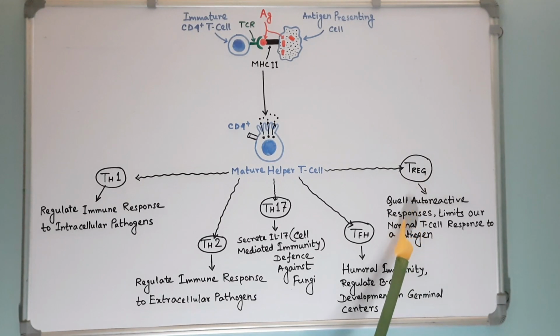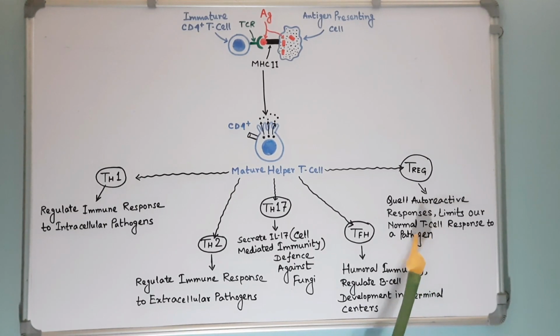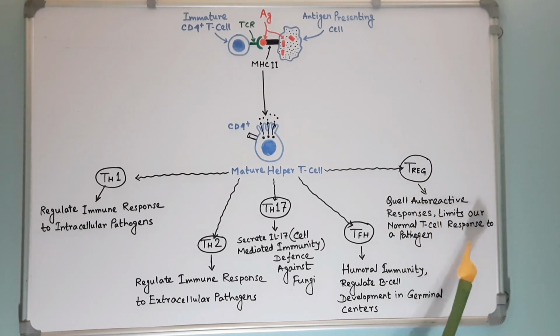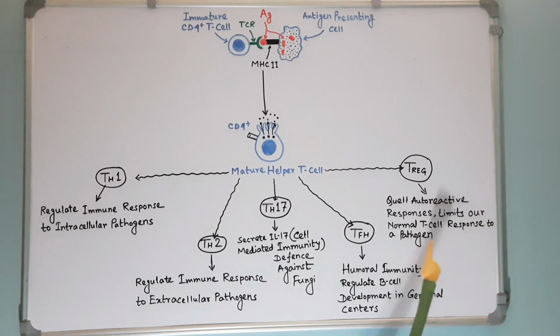Regulatory T cells are critical in helping us to quell autoreactive responses that have not been avoided via other mechanisms. Regulatory T cells also play a role in limiting our normal T cell response to a pathogen.